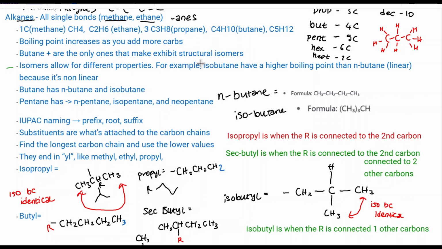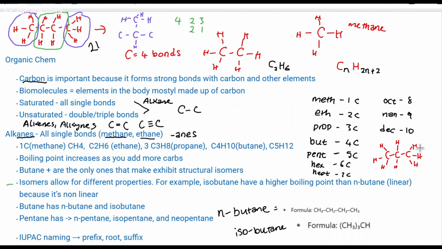Also, I forgot to name it. I'm not sure this is important, but in the naming of isomers, N-butane is called N-butane because the N stands for normal butane, while the other one, which is an isomer, is called isobutane.